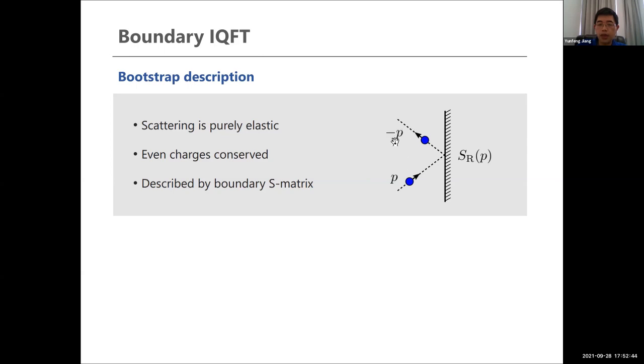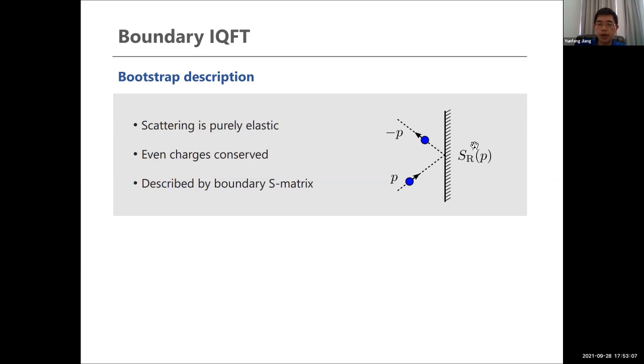But on the other hand, apparently momentum is not conserved. It flipped a sign. So all the odd charges are not conserved, but the even charges, like the energy, are conserved. And to describe this kind of scattering, we need another quantity, which is the boundary S matrix.